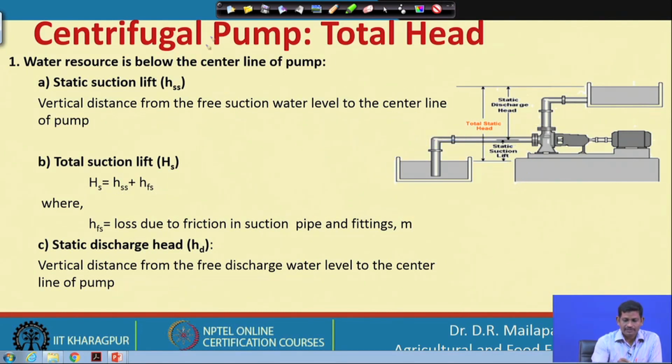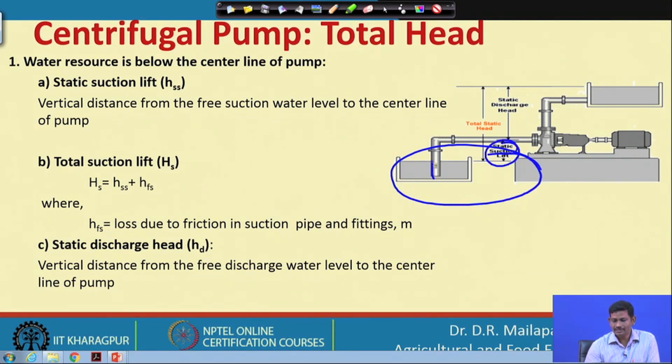As I said, for the suction case we have two parts: one is the suction lift and the other is the friction head losses present in the suction pipe. In addition to that, we have to consider the bends present in it, and also the velocity head.